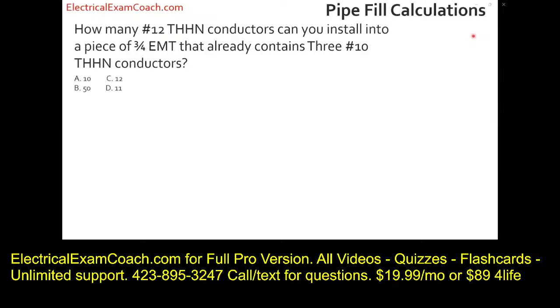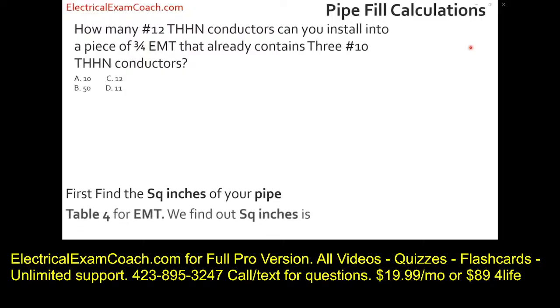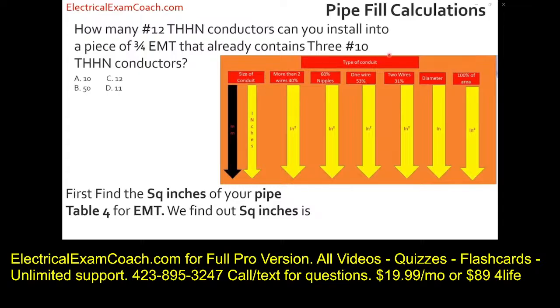How many more number 12 THHN conductors can you install into a piece of 3/4 inch EMT that already contains 3 number 10 THHN conductors? The first thing we're going to do is find the total area that we have to work with. And to do that, we're going to head to Chapter 9, Table 4 for EMT. When we get there, the first thing we do is make sure that we're in the right type of conduit.